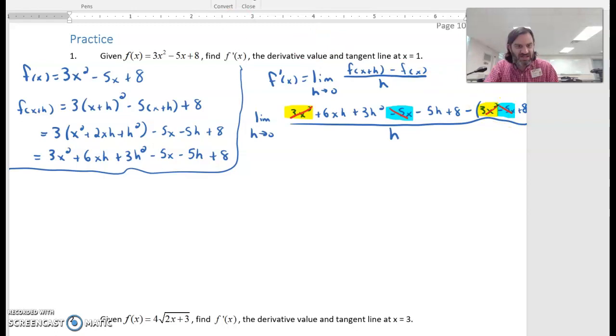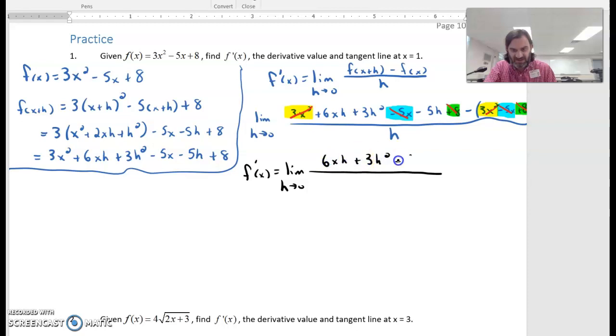And then we've got a plus 8 from the x plus h part, and a minus 8 when we distribute from the f of x part. So we've got some things that will go. Where does that leave us? That leaves us with the derivative being equal to the limit as h approaches 0 of 6xh plus 3h squared minus 5h, all over h.